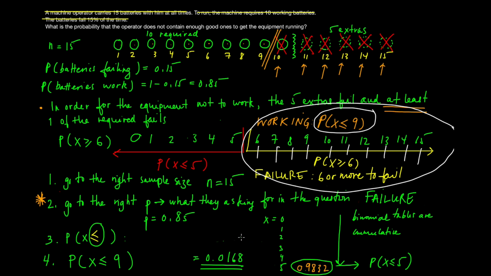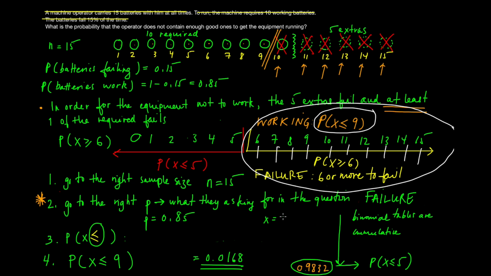So let's just erase this right here. So then you would go into the binomial table at N15, scroll to the P that you're looking for is now 0.85 as opposed to 0.15. We're looking for the probability of the batteries working, but our X has now changed, okay? So 9 or less batteries have to work. So then in our rows, we're gonna go all the way down to, so let's just erase these.